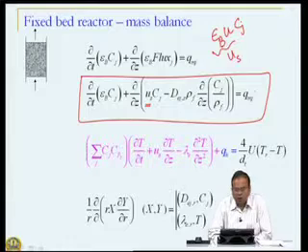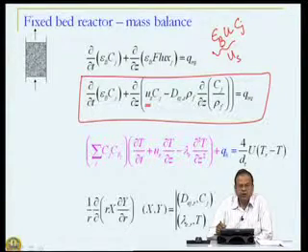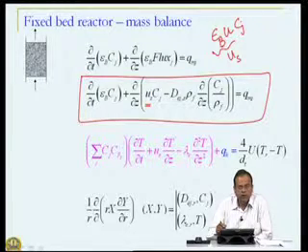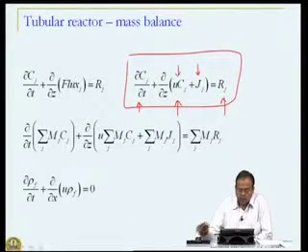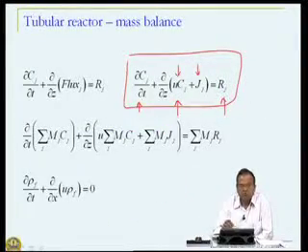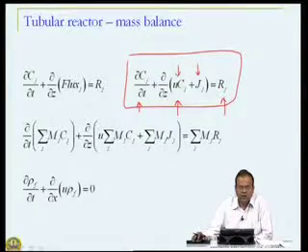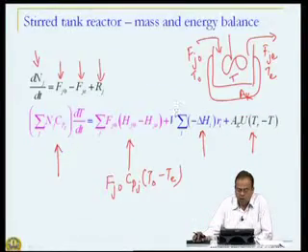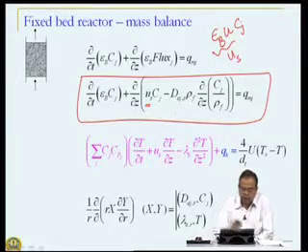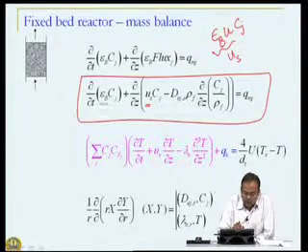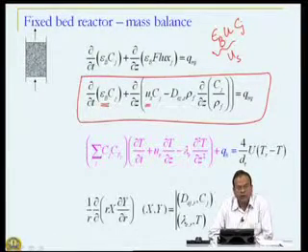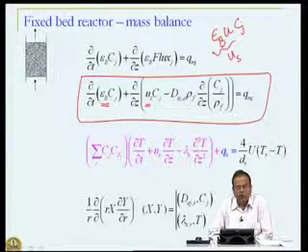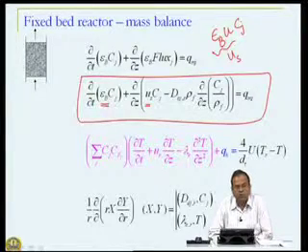Now, if you recall, this equation is exactly identical to our tubular reactor mass balance equation. That is, if we go back to this equation, my fixed bed reactor is exactly identical, except that we have this epsilon b factor, because the entire bed cross section is not available for fluid to flow, only the fraction epsilon b is available.